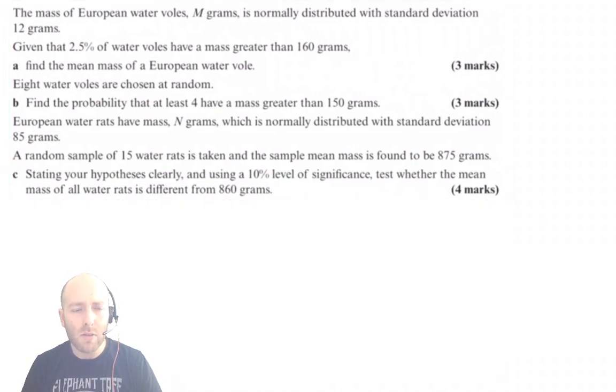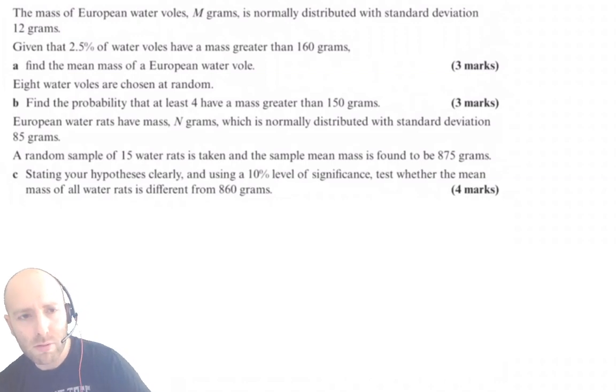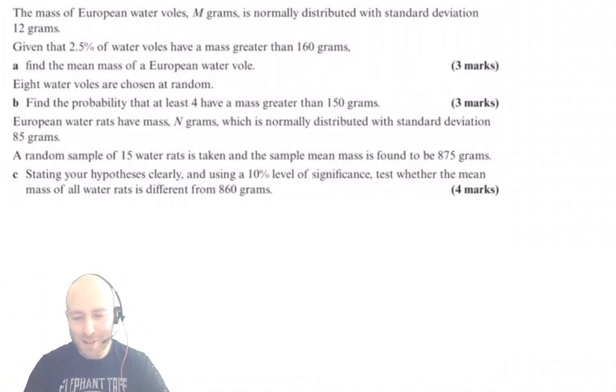Okay, so the mass of European water voles, M, is normally distributed with standard deviation 12 grams. Given 2.5% of water voles have a mass greater than 160 grams, part A, find the mean mass of a water vole.